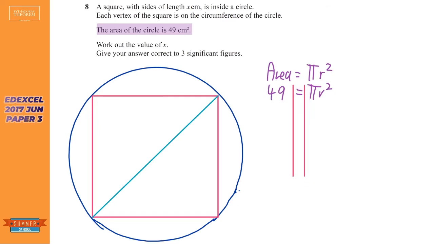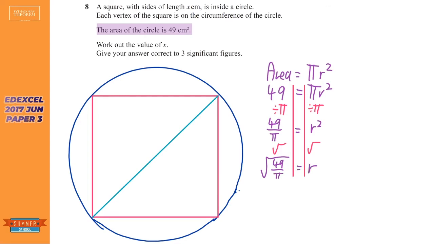So the first thing I want to do is divide both sides by pi. I'll just leave that as 49 over pi for now, equals r squared. Then I can square root both sides. So I can do square root of 49 over pi equals the radius.